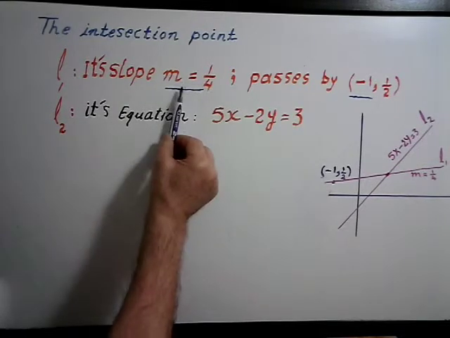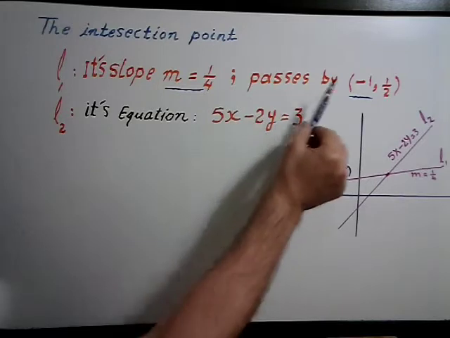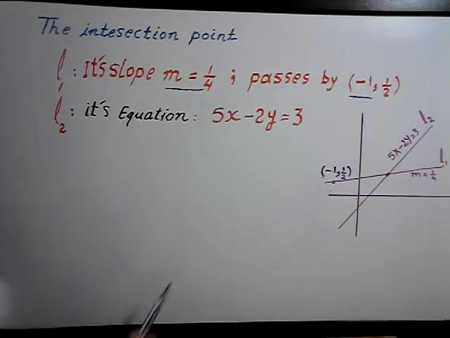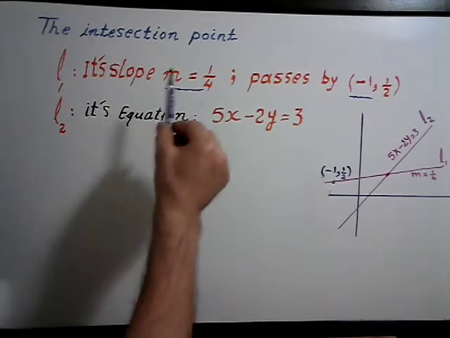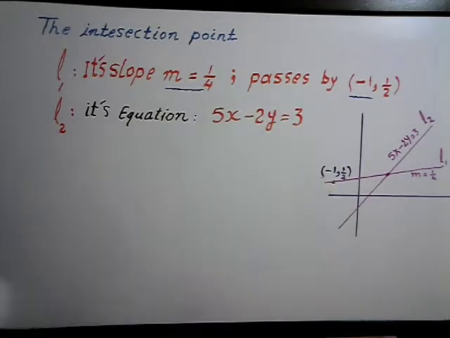I have its slope, 1/4, and it passes through the point (-1, 1/2). So I will use these two pieces of information to get its equation.